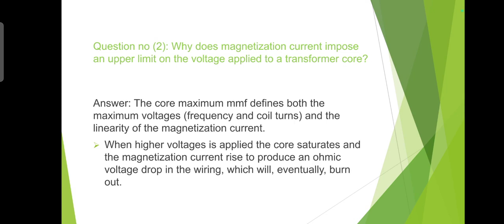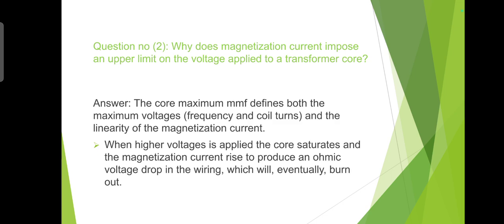Question number 2. Why does magnetization current impose an upper limit on the voltage applied to the transformer core? Answer: the core's maximum EMF defines both the maximum voltage, frequency and coil turns, and the linearity of the magnetization current.